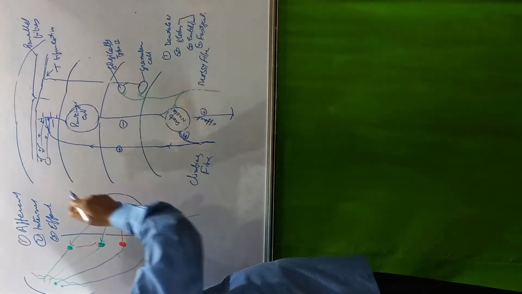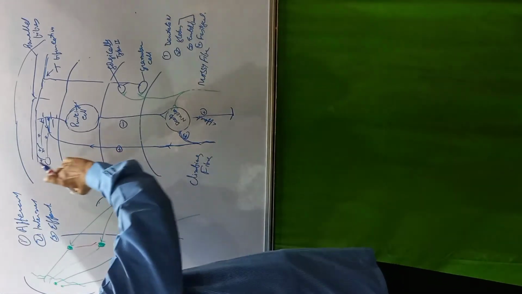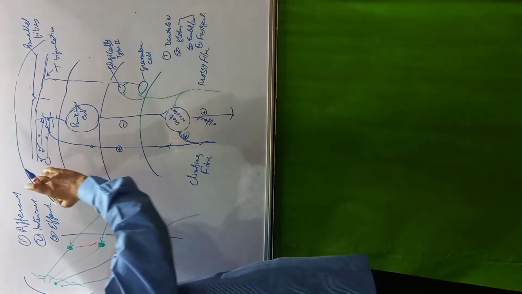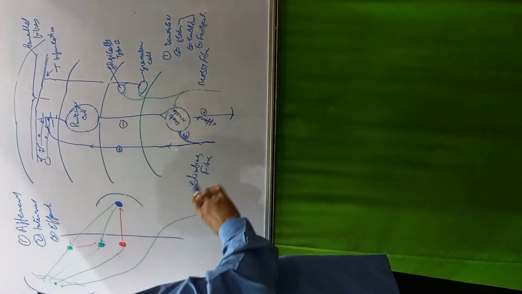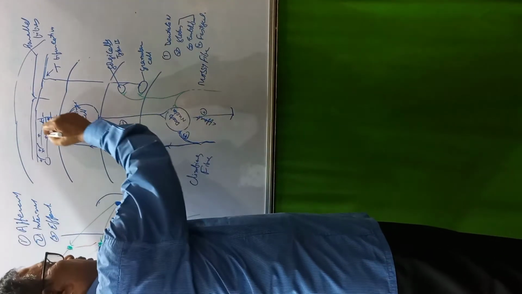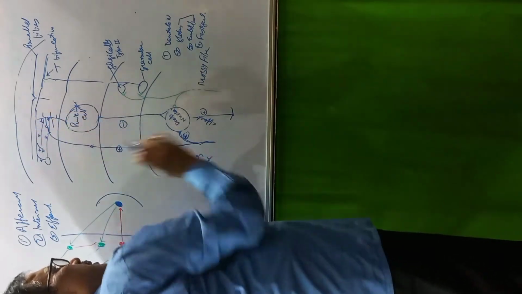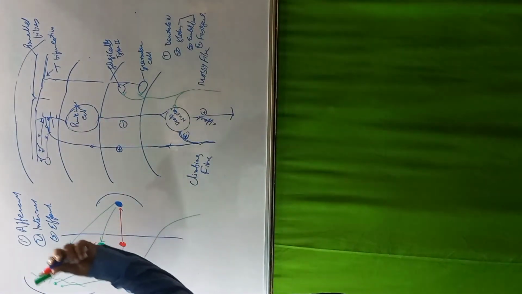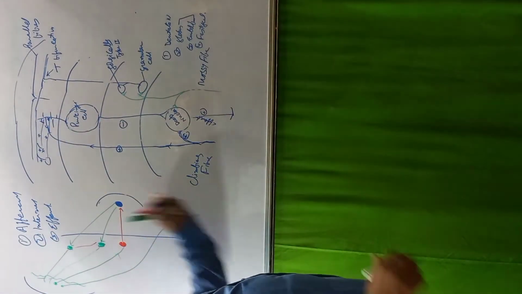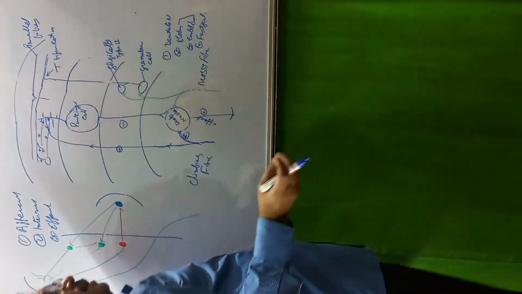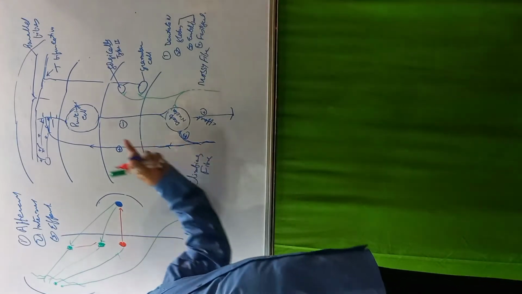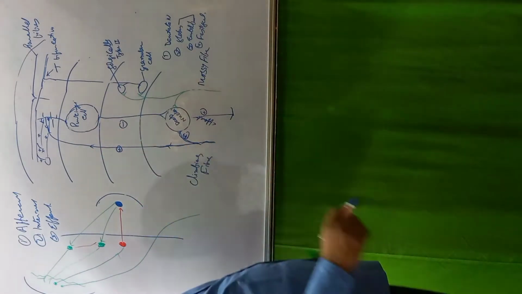We know that there are three layers in the cerebellar cortex: the molecular layer, the intermediate layer, and the granular layer. So it goes directly up to the outer layer, the molecular layer. In the molecular layer, it makes synapse with dendrites of the Purkinje cell.